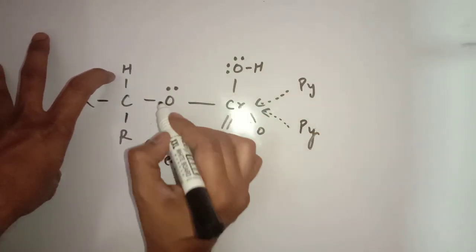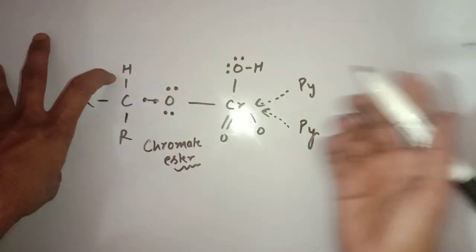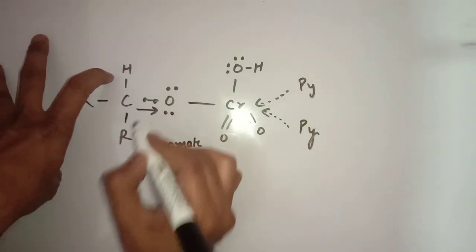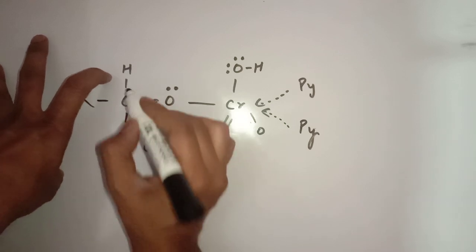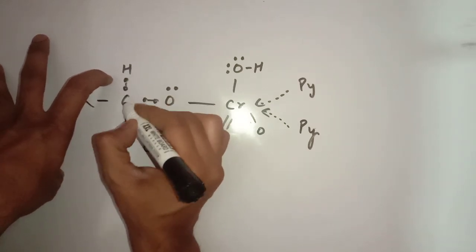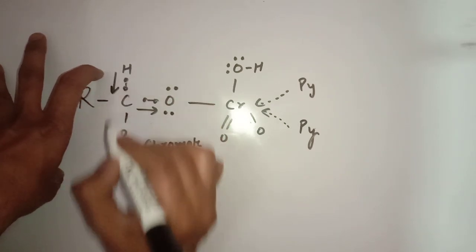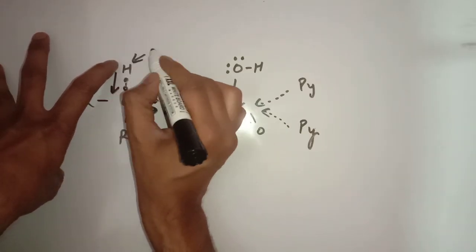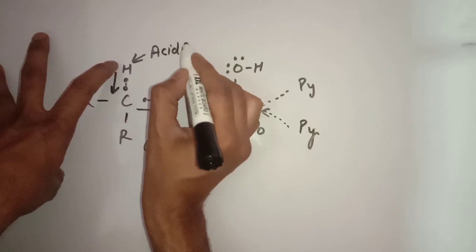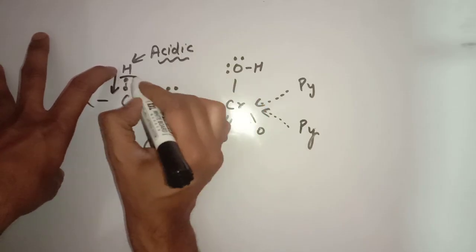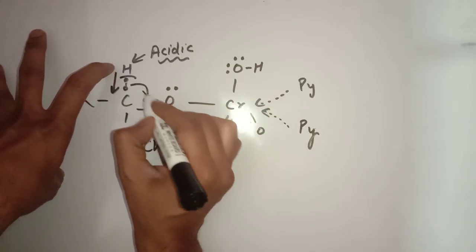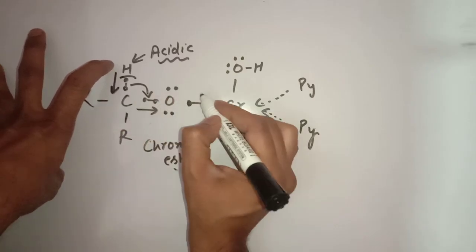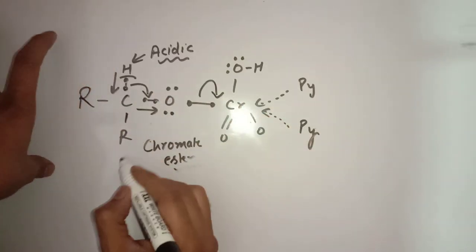Now this chromate ester is a strong electron attracting group. Electrons will go toward oxygen side, due to which in turn this carbon will start attracting electron from its hydrogen. So this hydrogen will become highly acidic, due to which the bond will break and electrons will be transferred toward oxygen, and these electrons will further shift toward chromium. Same mechanism.